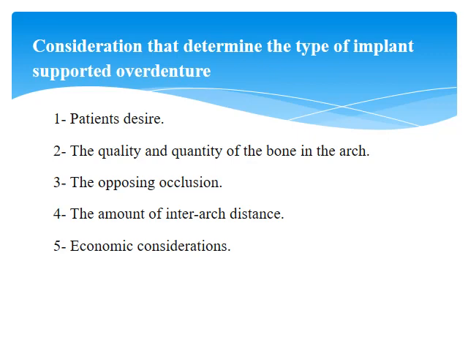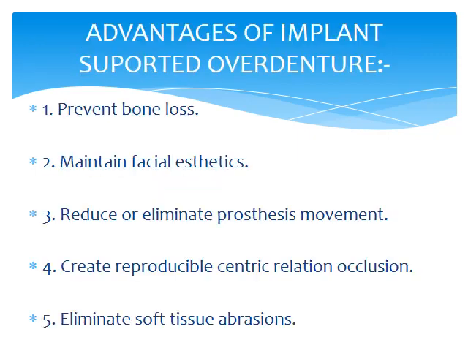Considerations that determine the type of implant-supported overdenture: first, patient desire; second, the quality and quantity of bone in the arch; the opposing occlusion; the amount of inter-arch distance; and economic considerations.